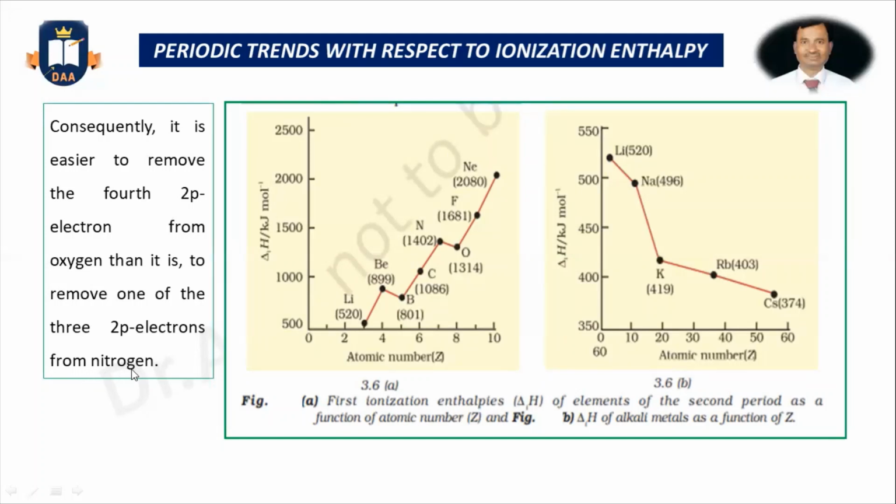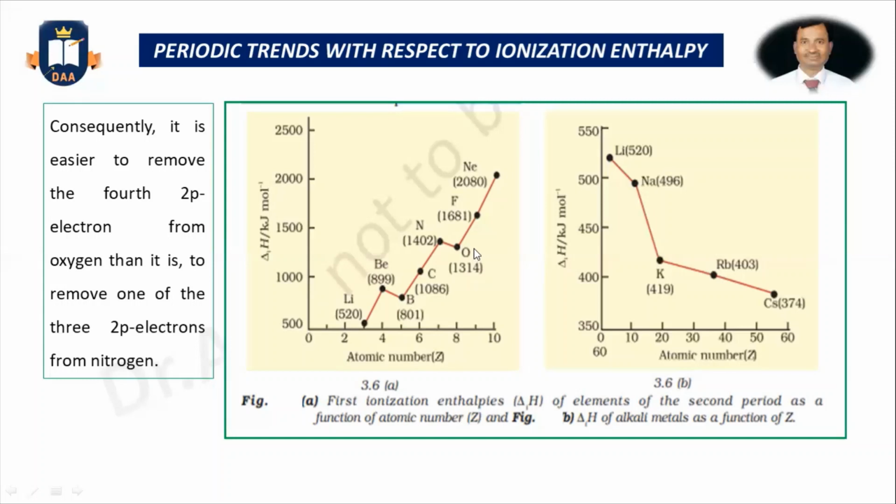I'll explain in detail. You know the electronic configuration of N is 2s2, 2px1, 2py1, 2pz1. And for the oxygen atom, the electron configuration is 2s2, 2px2, 2py1, and 2pz1.